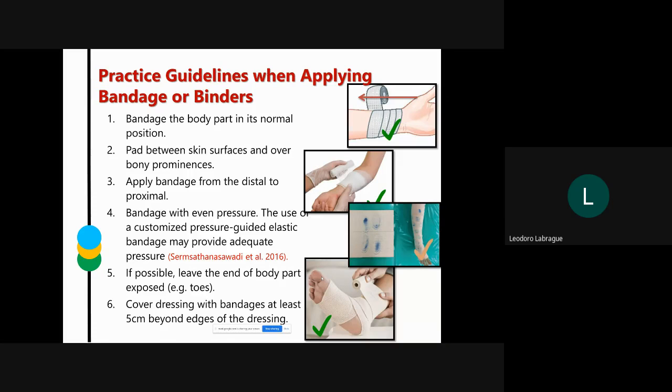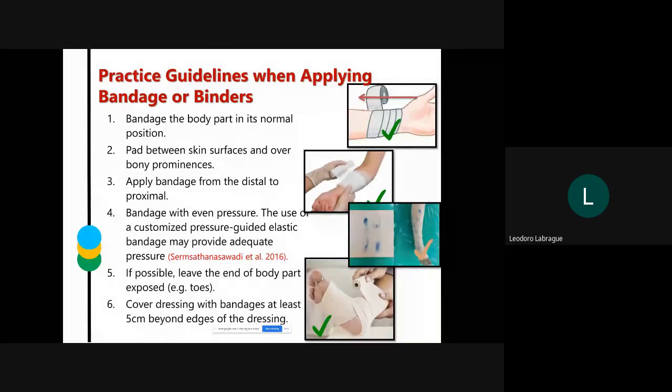Number 5, if possible, leave the end of the body part exposed. If I'm applying bandage in my hand, I will not include these fingers. If I'm going to apply bandage on my legs, in my feet, I'm not going to include the toes. Why? Because it is where you can assess for the adequacy of blood circulation.